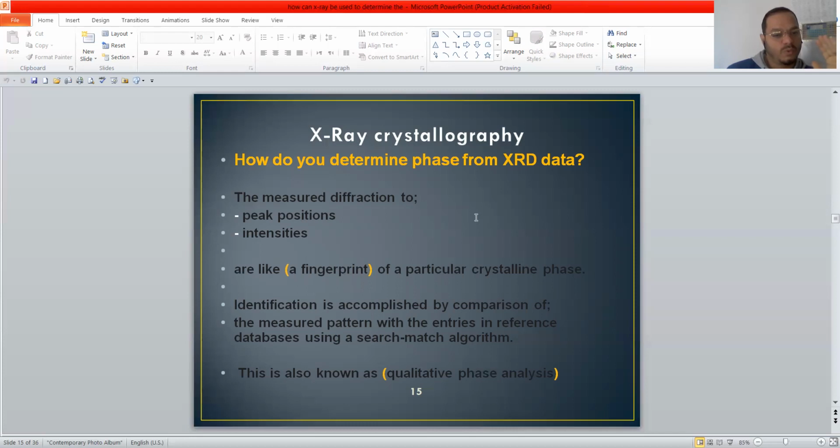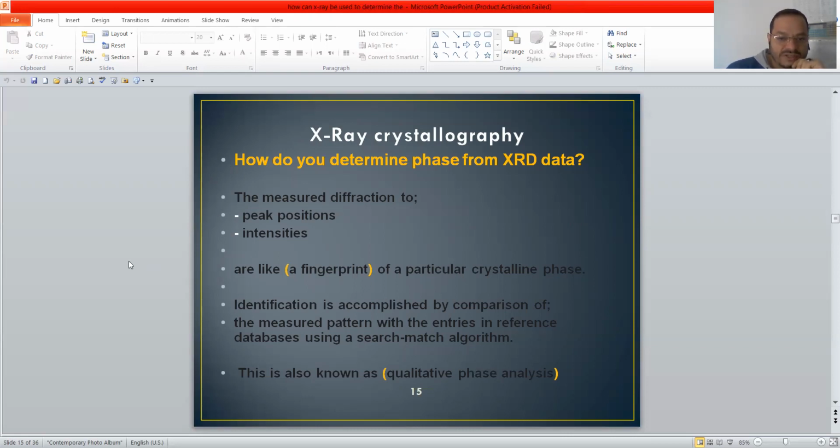Here we will focus on the peak positions and intensities, because all of these will be like a printing to us to explain what we want, a fingerprint of a particular crystalline phase. To gain the crystalline phase information, we will deal with peak positions and intensities.